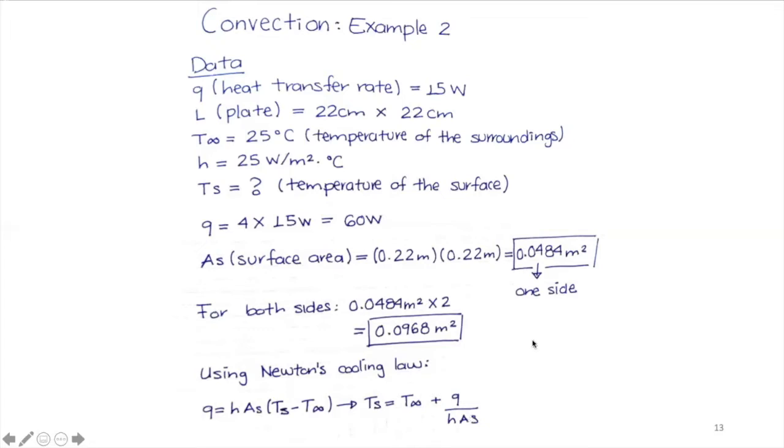If we are losing heat by only one side, we are going to use this value, 0.0484 meters square. If we are losing heat by 2 sides, we are going to replace the surface area value by 0.0968. That will give us different surface temperatures, right?